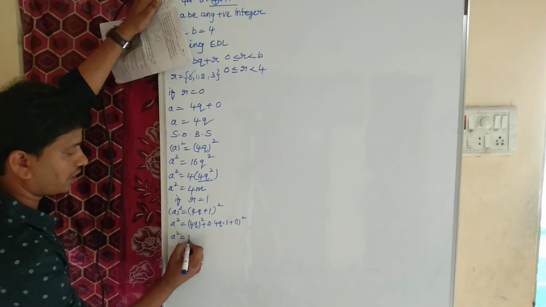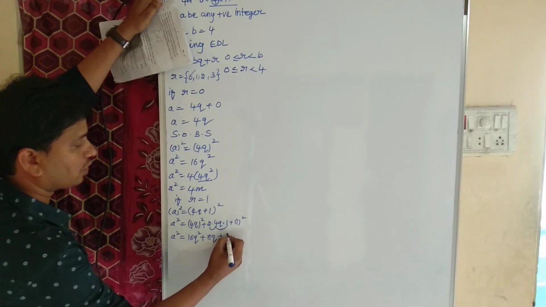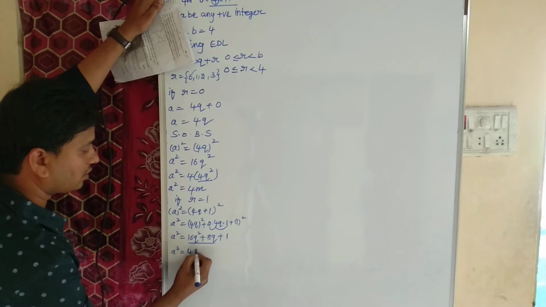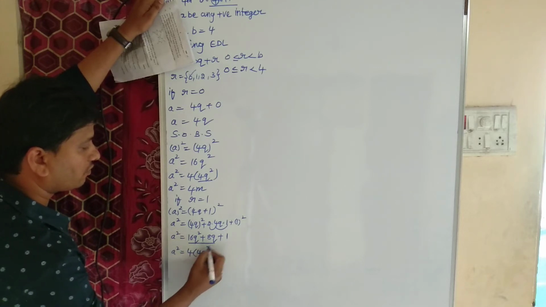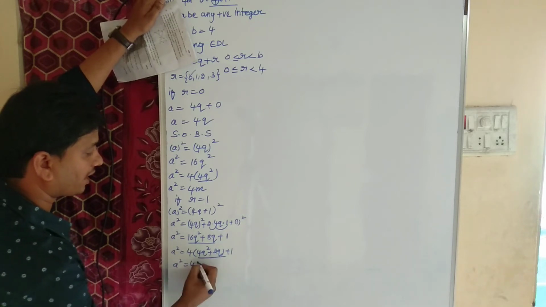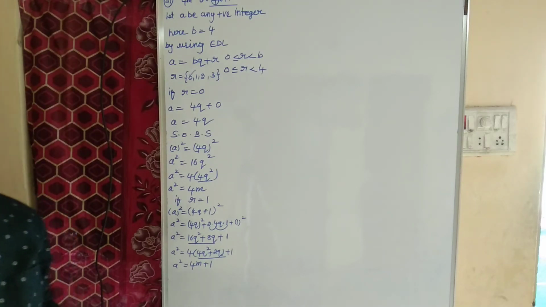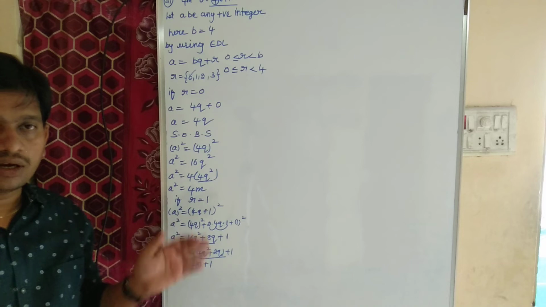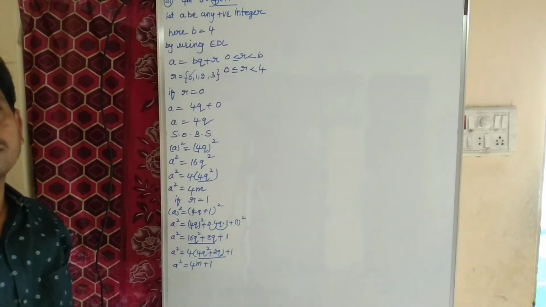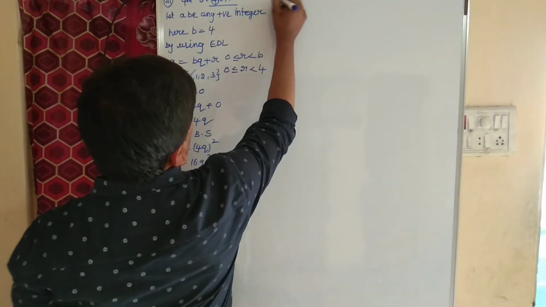So a square equal to 16q square plus 8q plus 1 square, which is 1. From these two terms, if I take 4 as common, 4 into 4q square plus 2q, plus 1. So a square equal to 4 into m plus 1. So a square equal to 4m plus 1. Therefore, you need to write the square of any positive integer is of the form 4m or 4m plus 1. Children, is it clear? This is our 21st question. Now coming to the 22nd question.